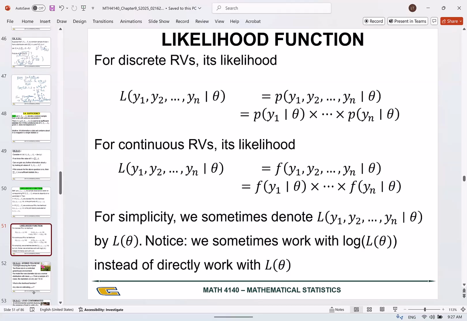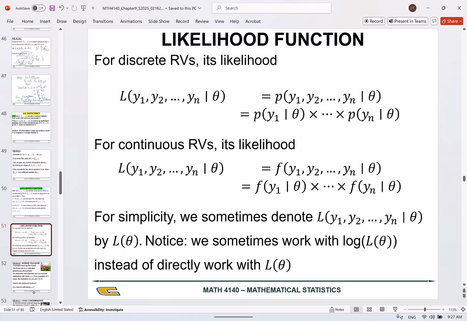This is a very important tool, because as long as you can model a random phenomenon by some function, maybe some specific random variable, under some nature, you can write out this likelihood function.